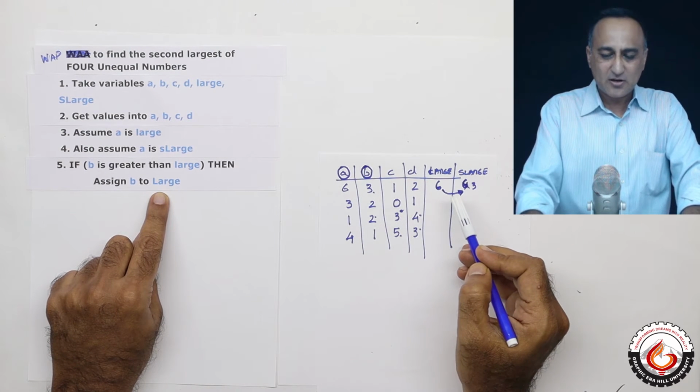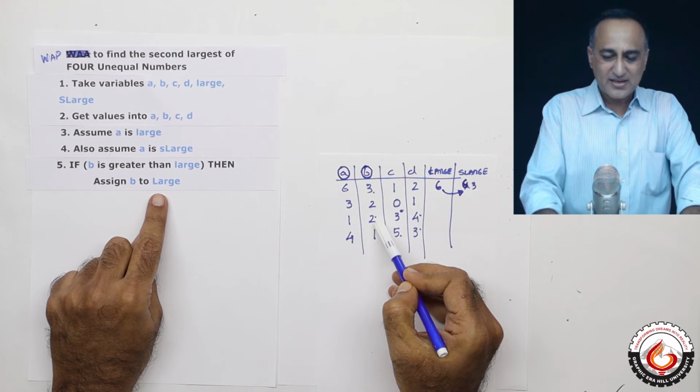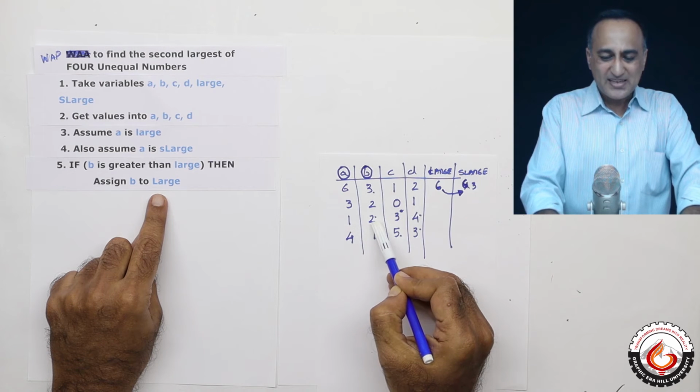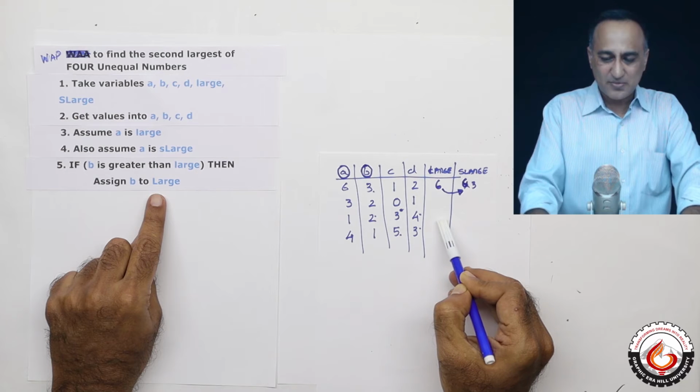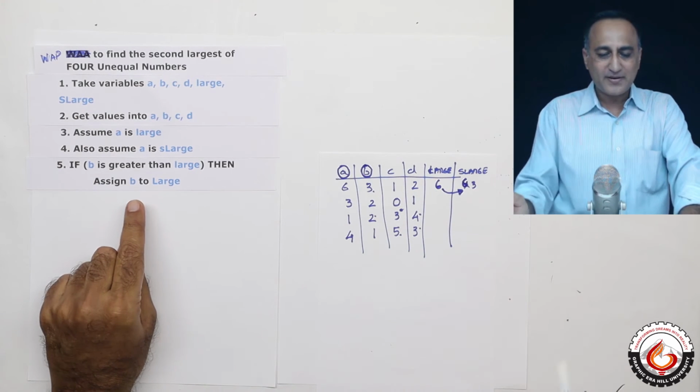For example, this takes care of a case like this one where initially large would have been 1 and second large would have been 1, but B is greater than the large, so B will take the value of large here. Large will be 2 and second large will remain 1, which was the value of A.